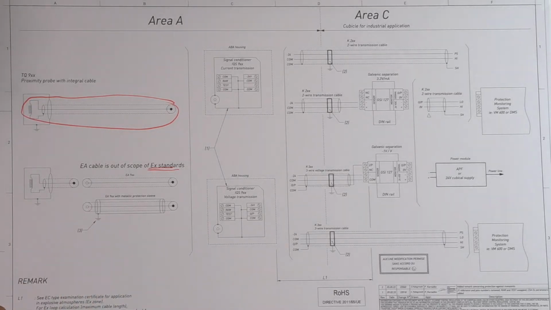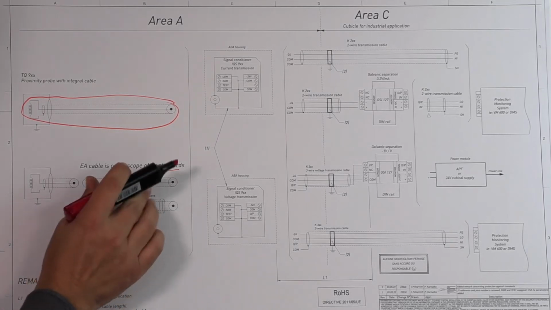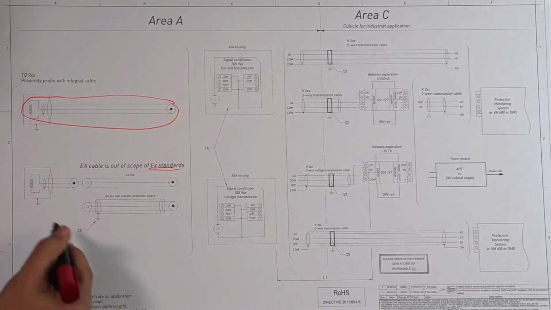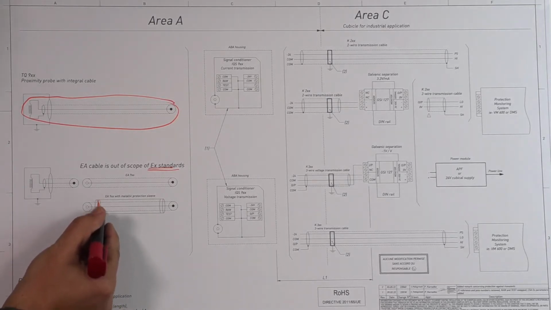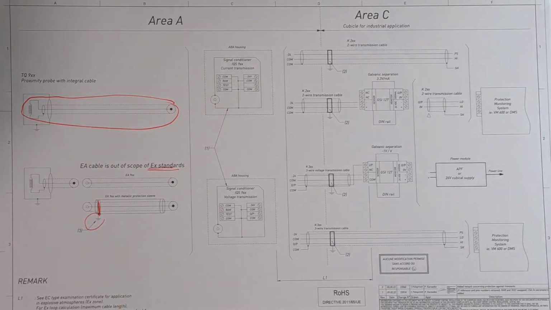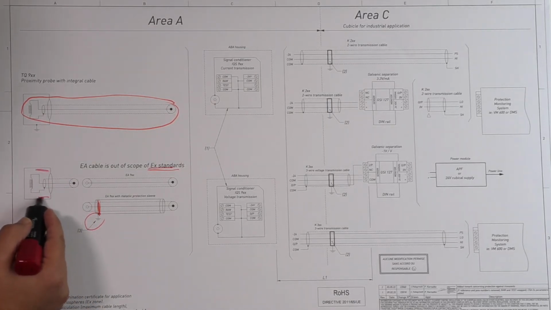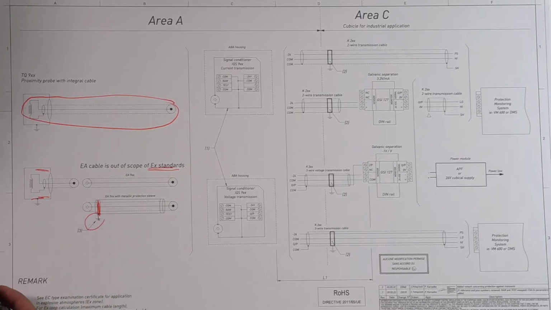If you have a metallic protection sleeve for explosive environments, you are obliged to ground it. And you should do this with a dedicated ground connection. It's not recommended to rely on the ground connection provided by the thread. You should have a dedicated ground connection to it, because the thread is not made to give an electrical contact.